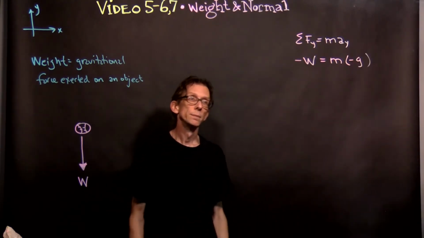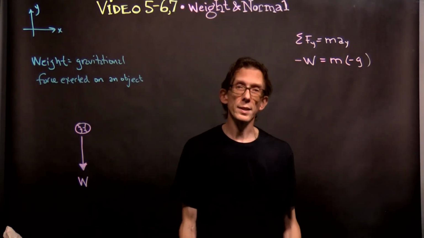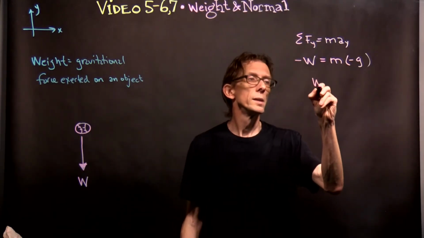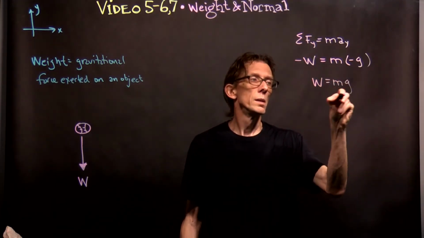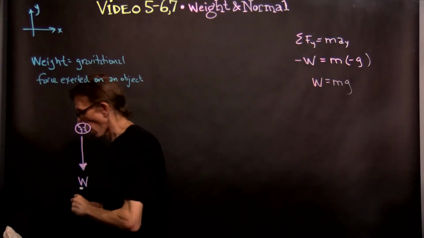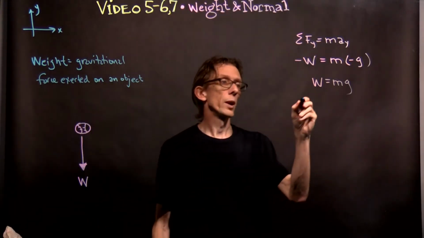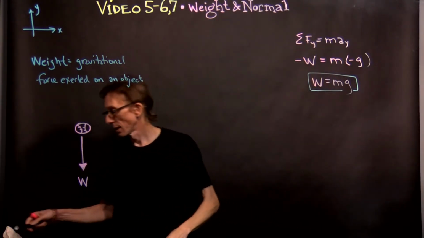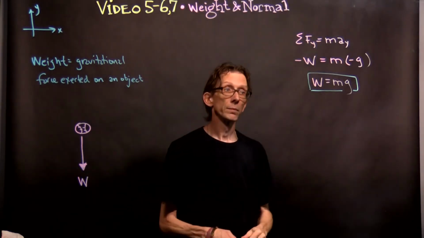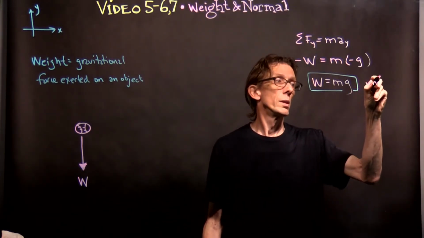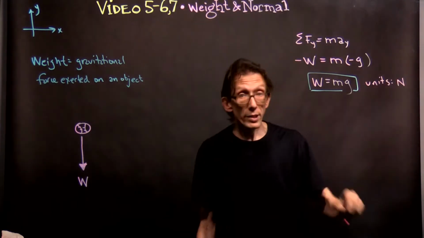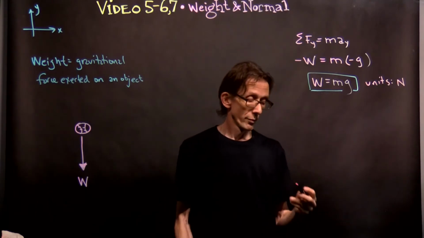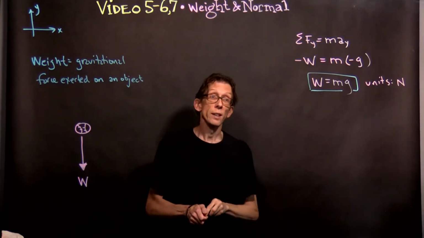So apparently we've got a minus sign on the left-hand side, we've got a minus sign on the right-hand side, we can get rid of them. So apparently weight is equal to mg, and that is golden. That is the weight of an object. Weight is not the same as mass. Weight is mass times g. And of course the units, good old newtons. It's a force. All forces for us come in units of newtons. So the weight of an object is equal to mg.